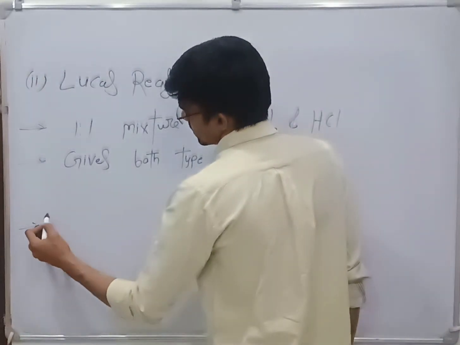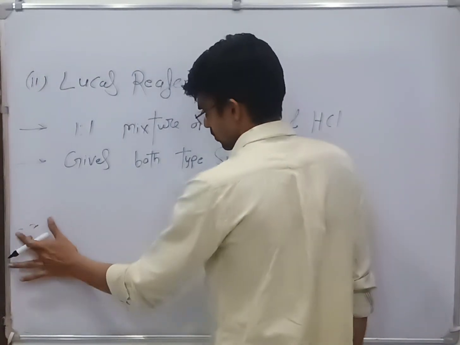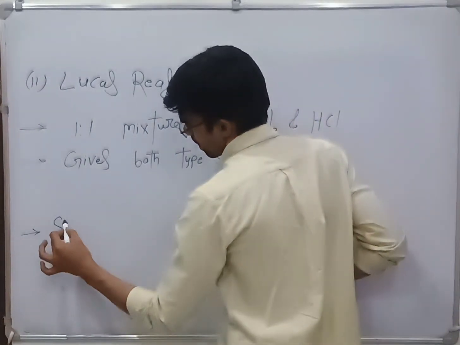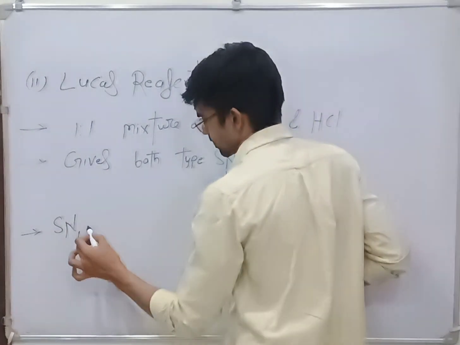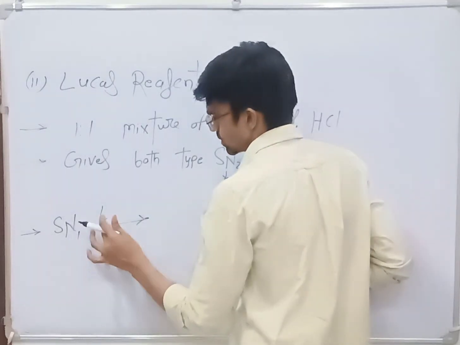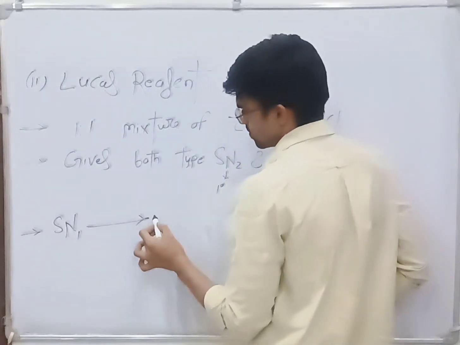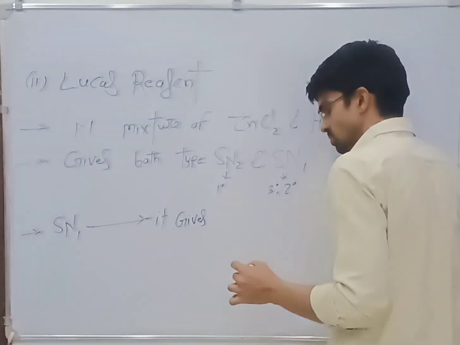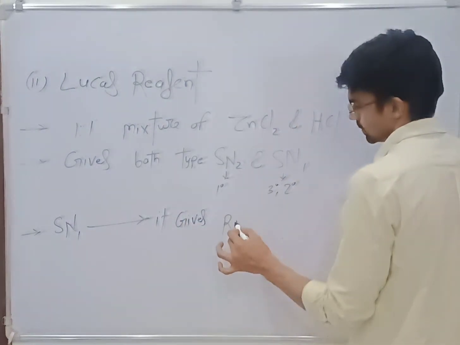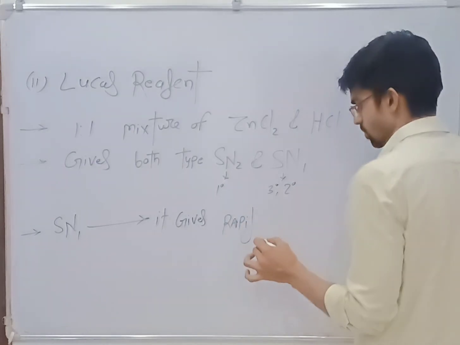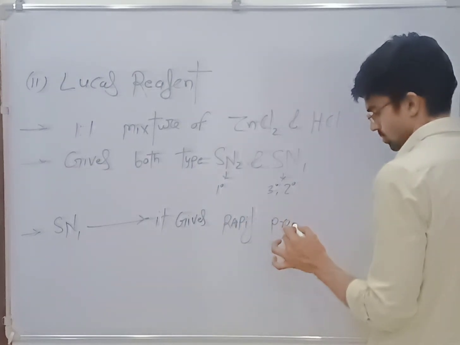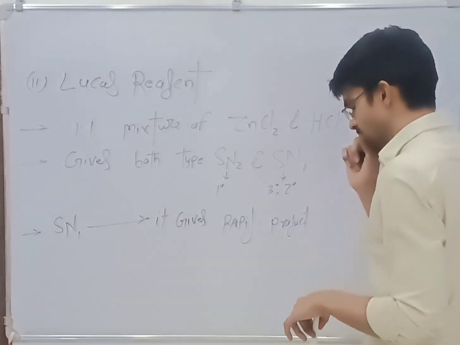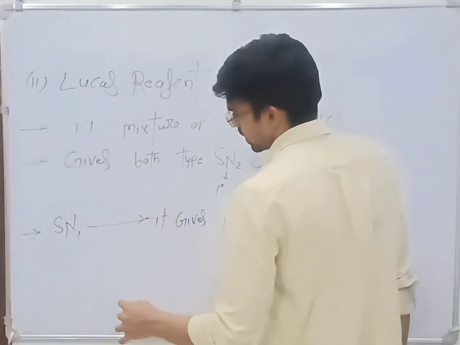If the Lucas reagent is used in SN1 mechanism, it gives a rapid product. In 1 degree it gives rapid product in SN1 mechanism.